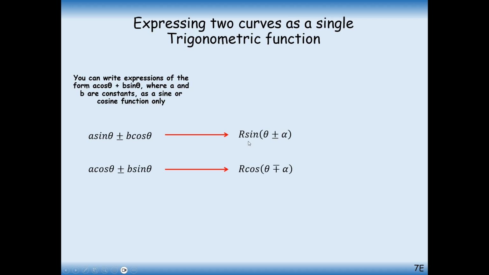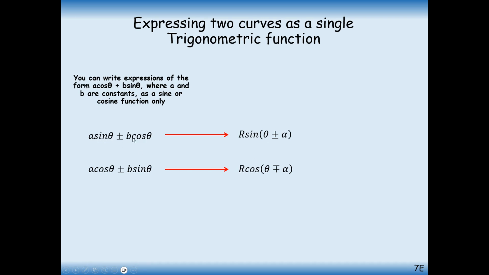So we're going to find what this value of capital R is, and what that phase change, that value of alpha inside the bracket, is. The question will tell you whether they want it in the sine form or the cosine form.